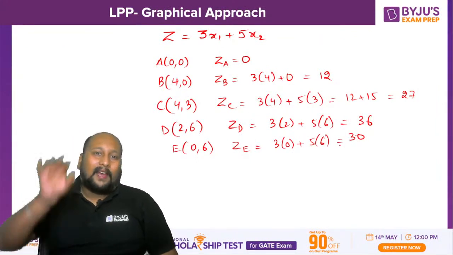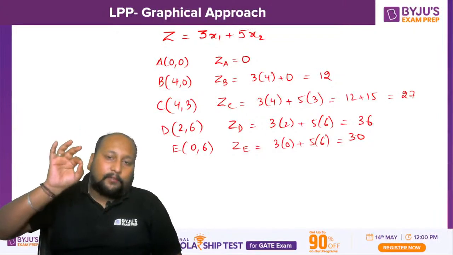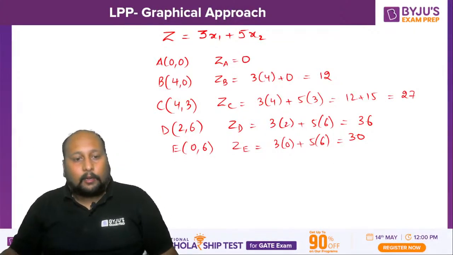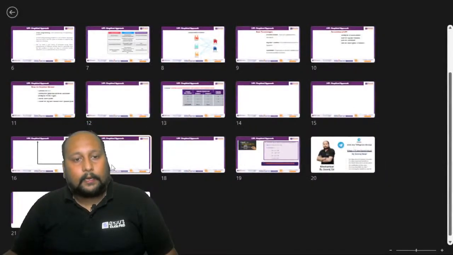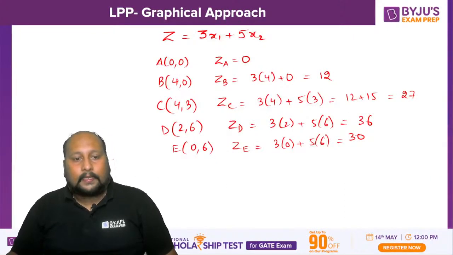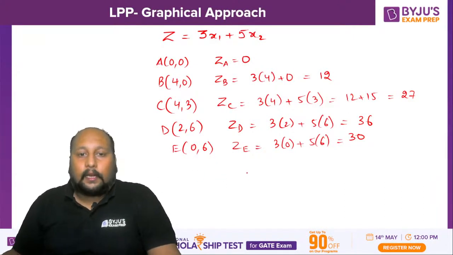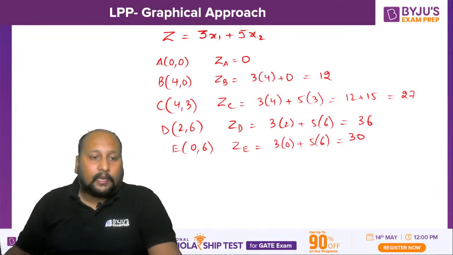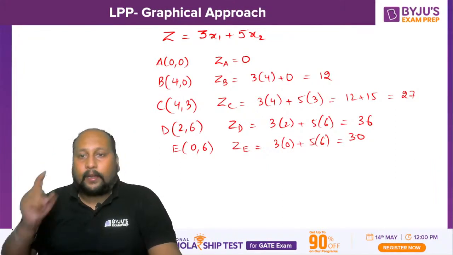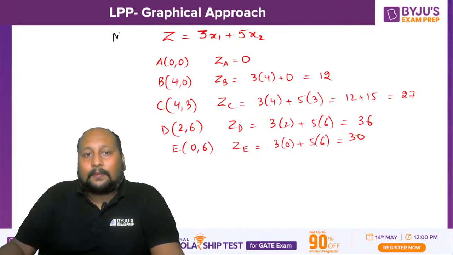Okay, so we have calculated the objective function at each and every corner point. Clear? Understood? So what we have to do is identify where the objective function is maximum, because this was a maximization problem.